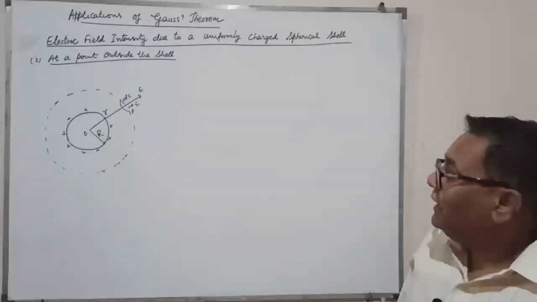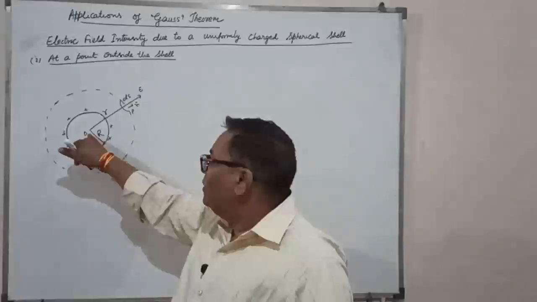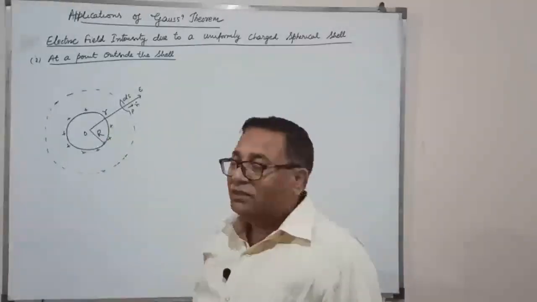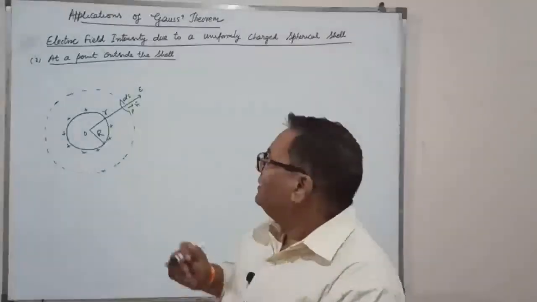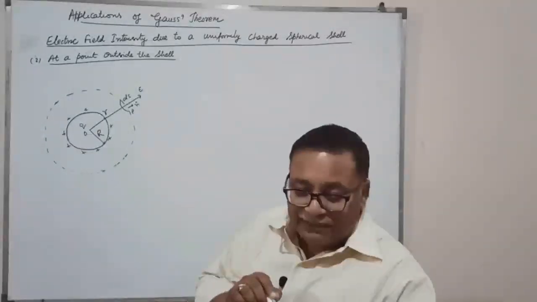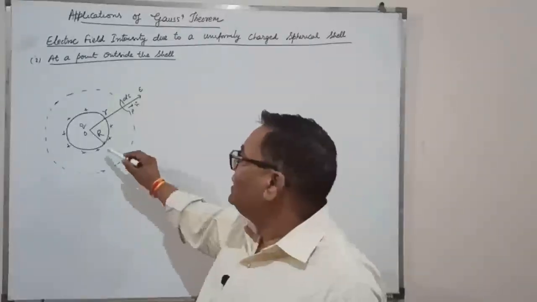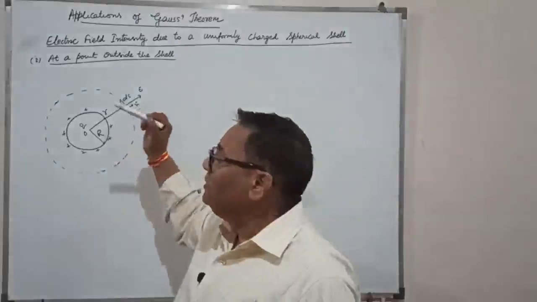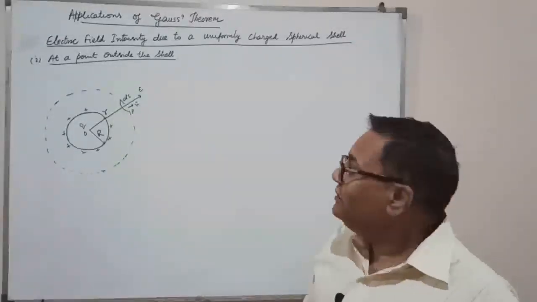Clear? Then let us consider a spherical shell of radius capital R, and Q charge is given to it. As the shell is hollow, the charge is uniformly distributed over its surface. Clear?